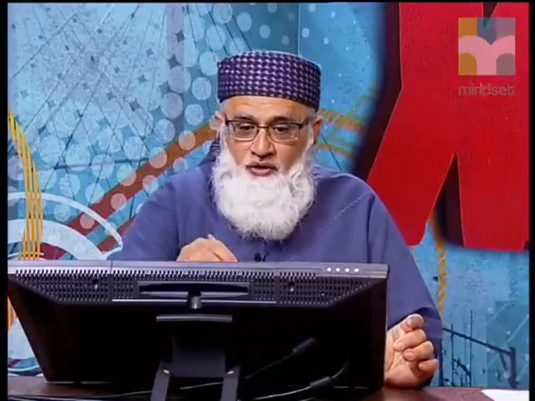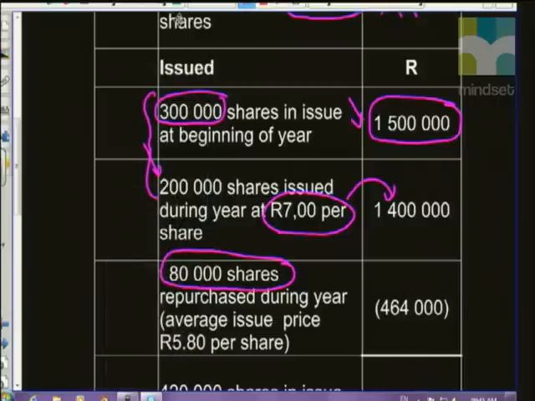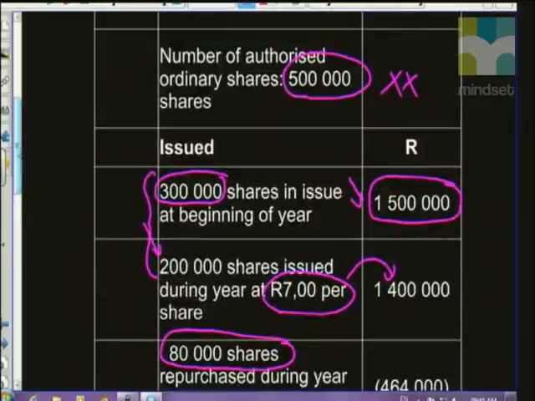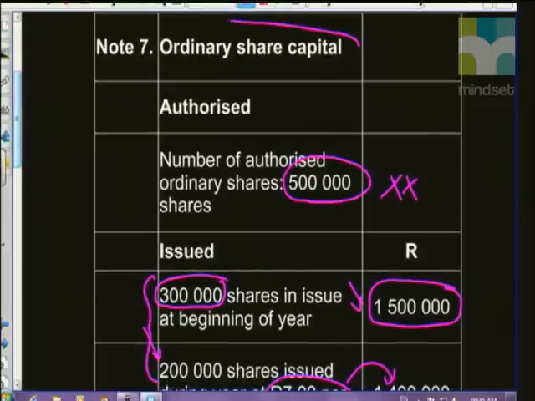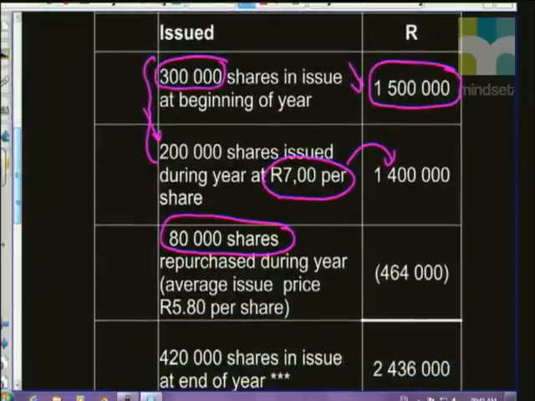And therefore, when you are working with the repurchase of shares under my note, which note am I referring to? Under my note where it deals with the ordinary share capital, you always repurchase the shares at the average price. In other words, look at it. 80,000 shares repurchased during the year.